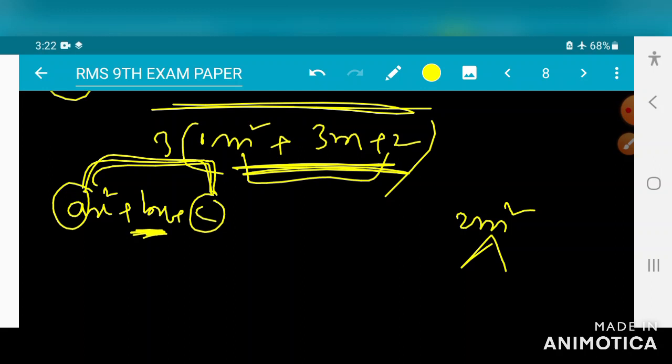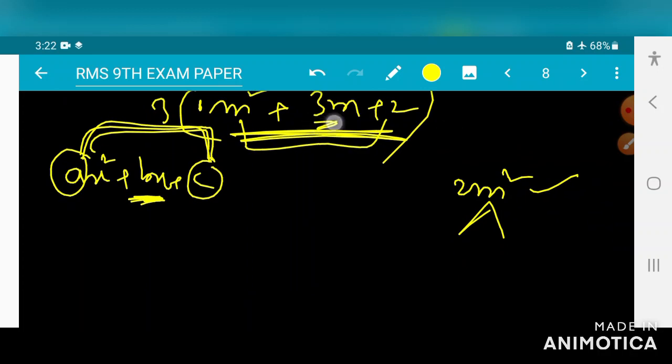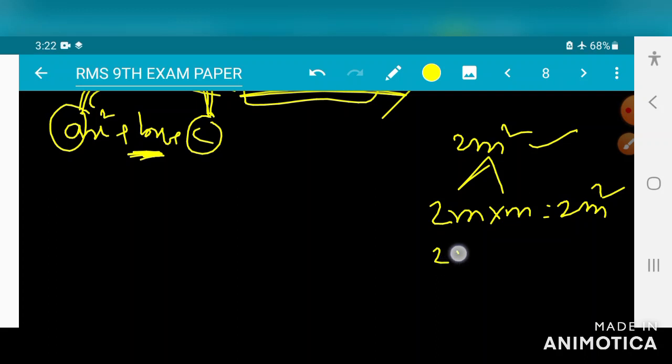After splitting the term 3m, what to write? 2m square means 2m into m, fulfilling the condition. If we add these two, 2m plus m, we get 3m. So this fulfills the conditions.